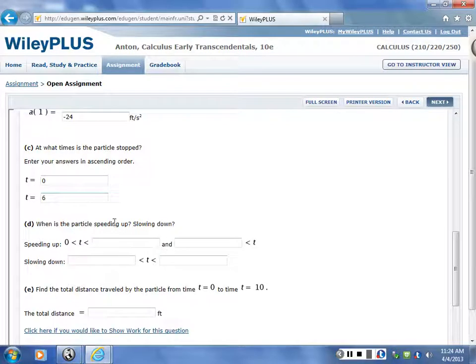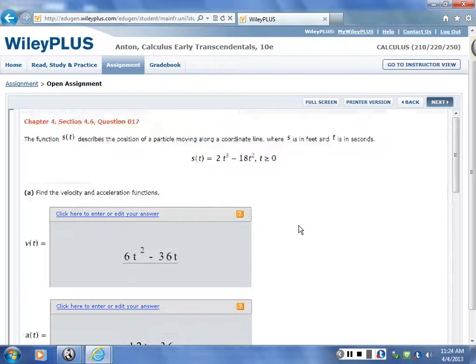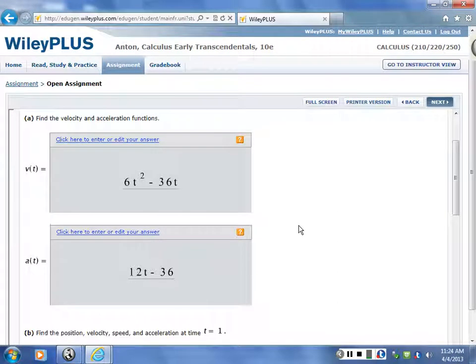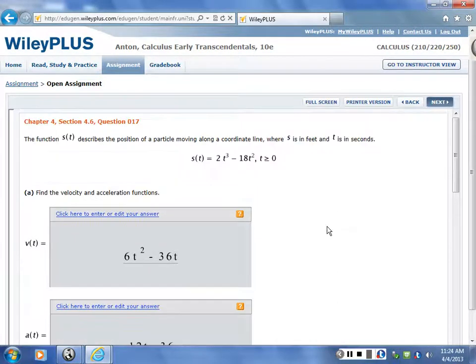When is a particle speeding up? When is it slowing down? So I might want to write what we have here. This is 4.6, number 17. I have a position function, the velocity function, the acceleration function.